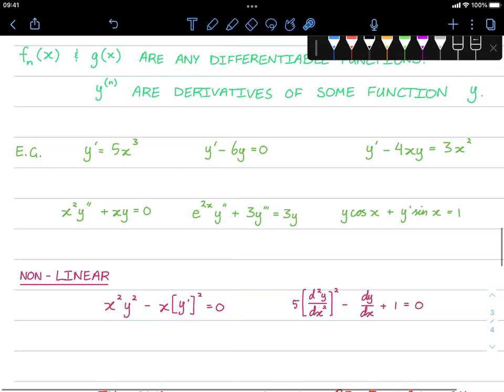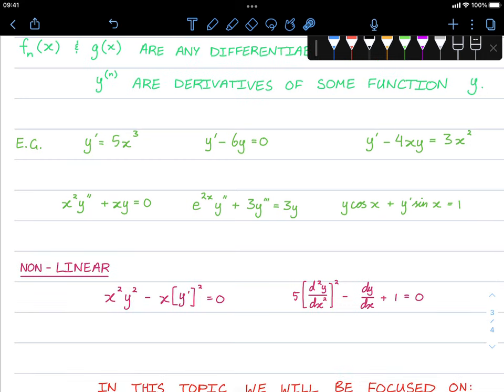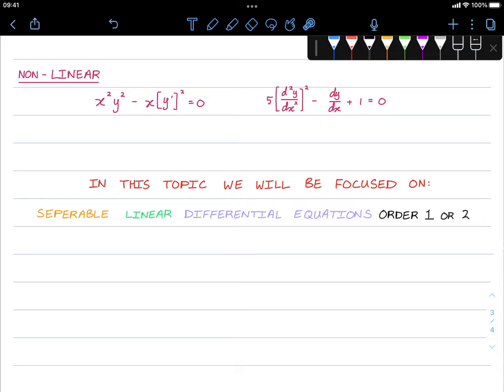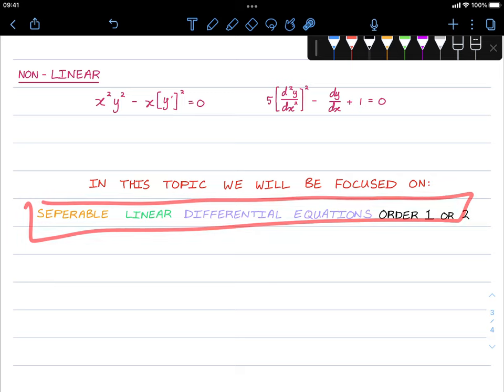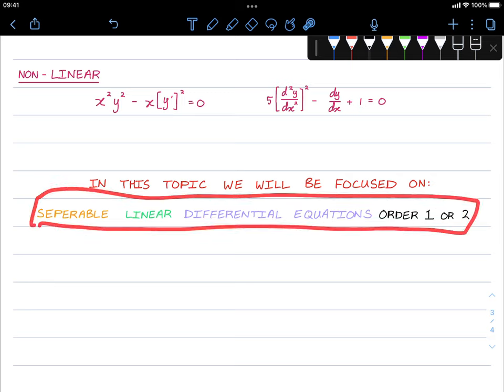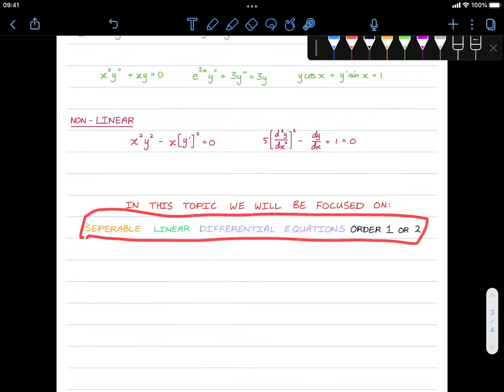That is a non-linear differential equation. So in this topic, we'll be focused solely on separable linear differential equations of order 1 or 2. So in summary, we need to learn and understand these criteria for differential equations.